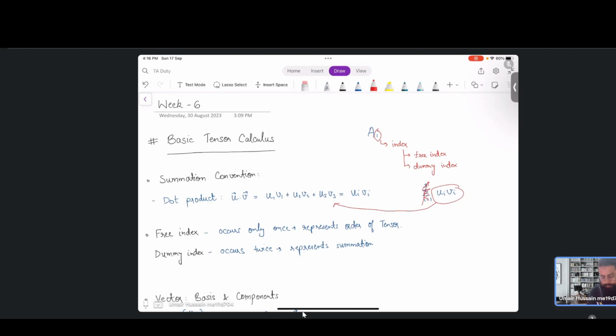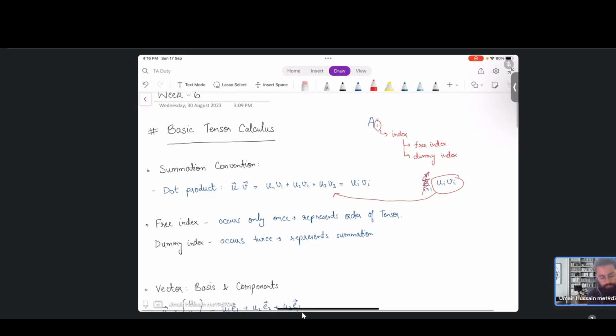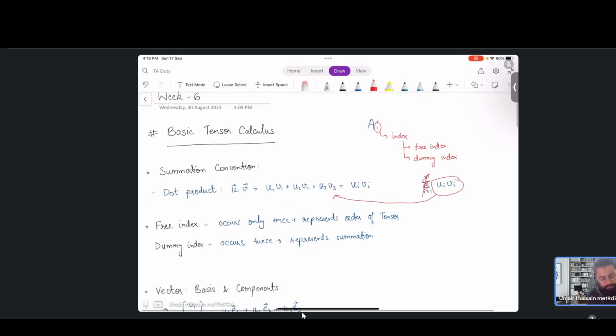So we have discussed what the free index is and what the dummy index is. If we have some tensor in this form, aijj, here i is the free index and j is the dummy index. So this overall quantity is a first order tensor, which is also known as a vector.